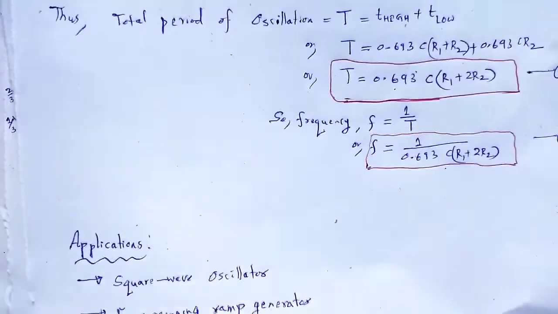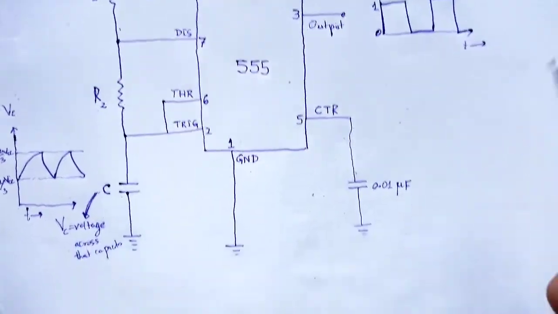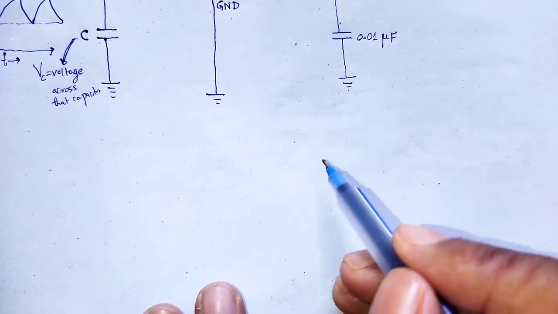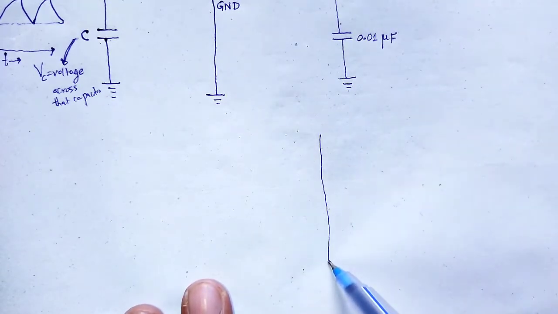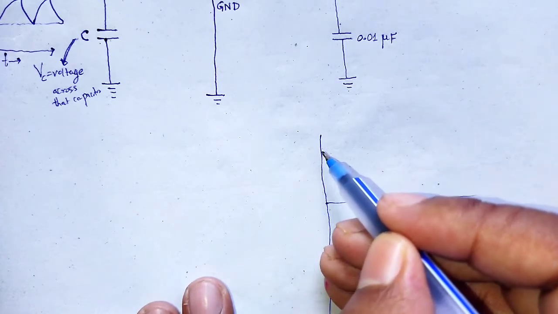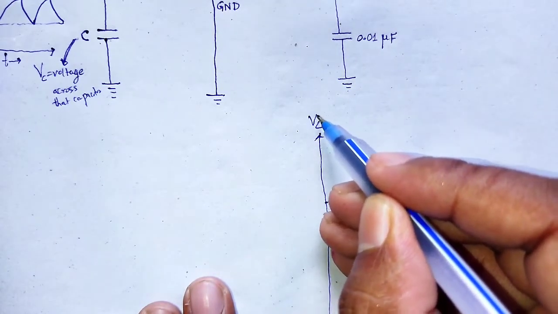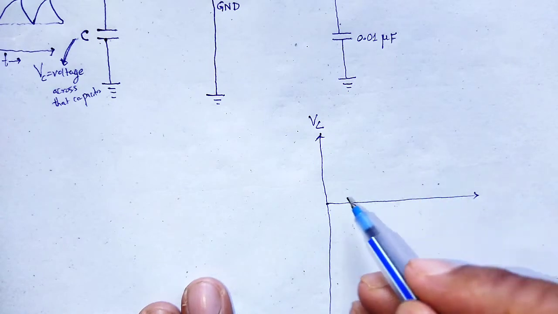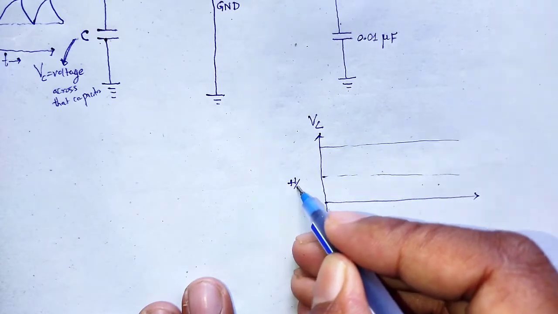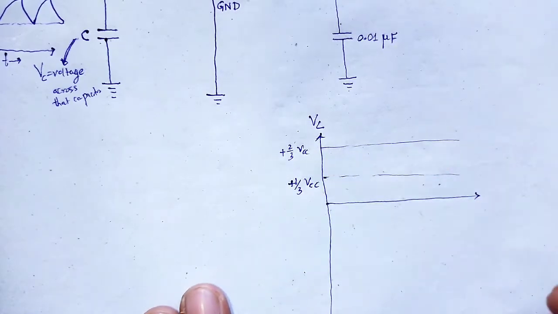So, when we compare input to output, that is input voltage, here we obtain the output. It can be easily understood by the graph. If we plot a graph, this is Vc, voltage at the capacitor, with two voltage levels, plus 1 by 3 Vcc and plus 2 by 3 Vcc.